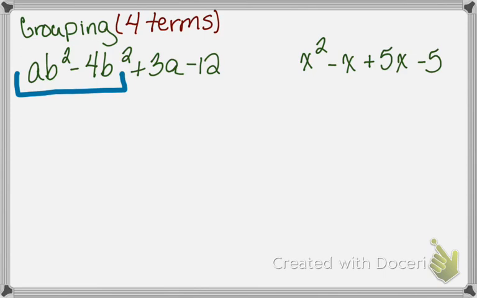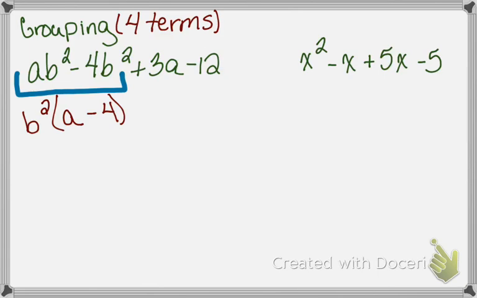So it's similar to factoring out the GCF, but I'm only doing it in 2 of the terms. What is common to both of these terms? B squared. Good. So I have B squared, and then I have B squared times A. Then I have B squared times negative 4. So I have focused on the first 2 terms. Only the first 2 terms.